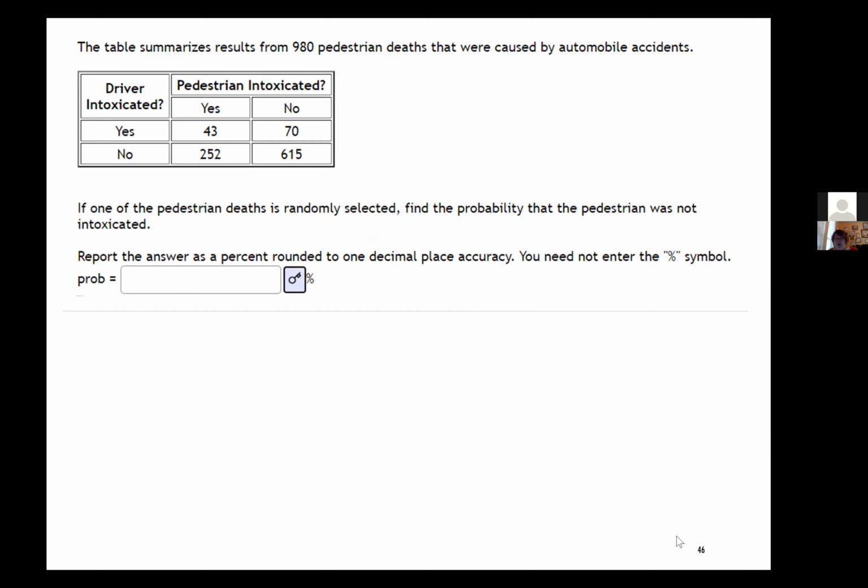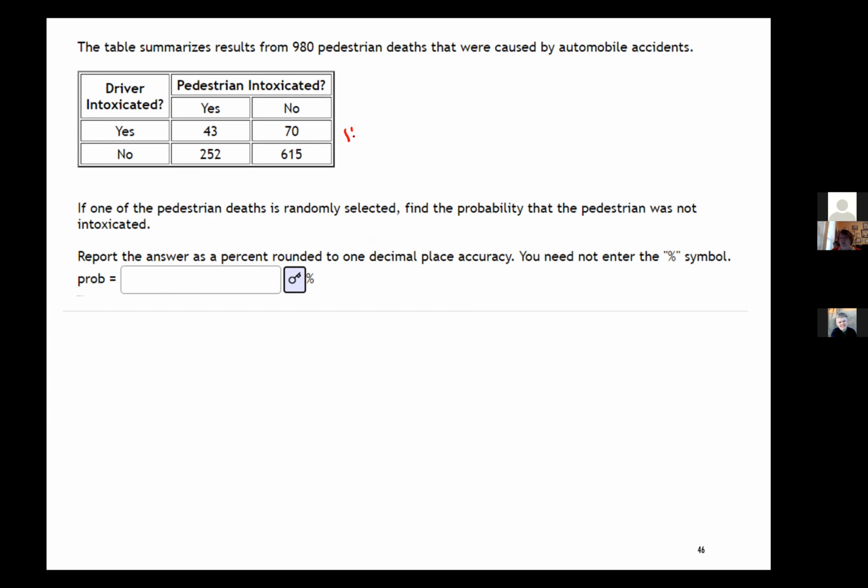So in the first row, we have 43 where the driver was intoxicated and the pedestrian was intoxicated, and 70 where the driver was intoxicated, but the pedestrian was not. So the total number of these accidents where we had the driver intoxicated is 113.